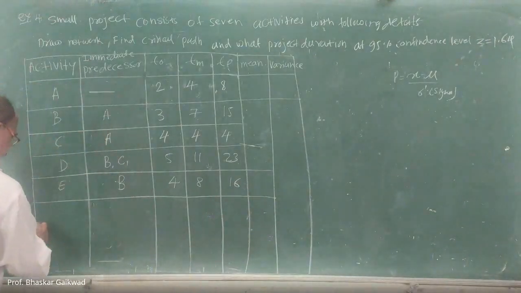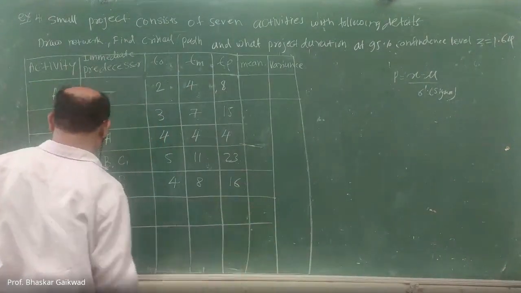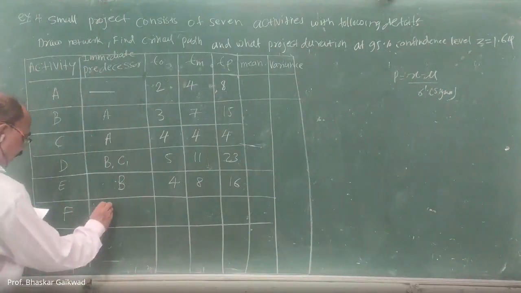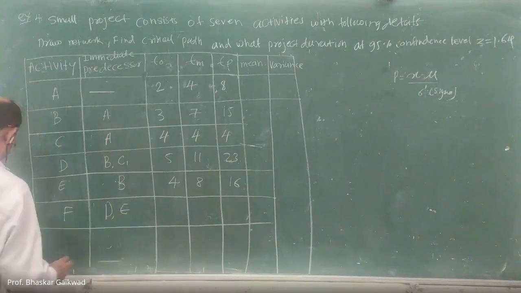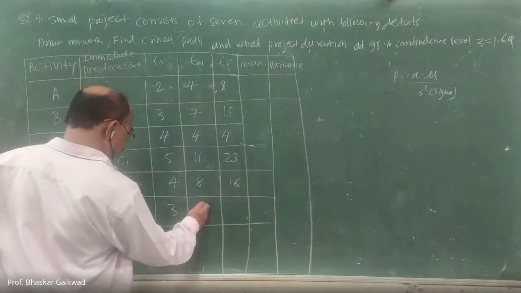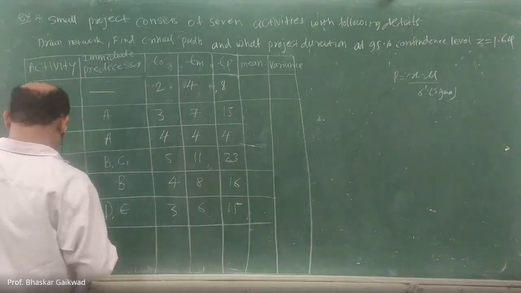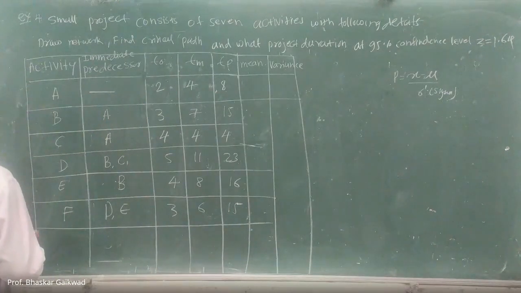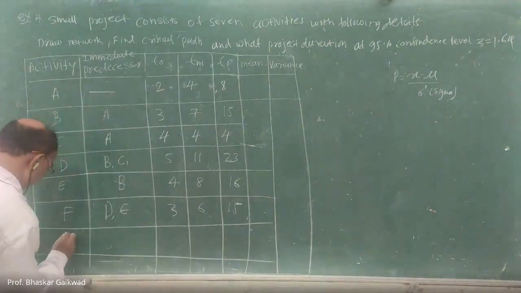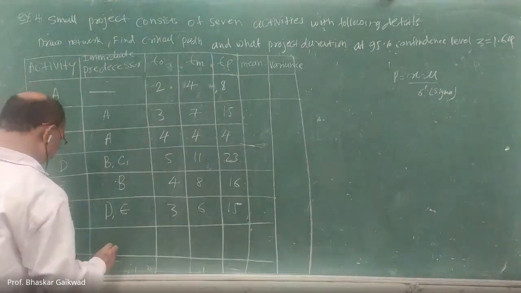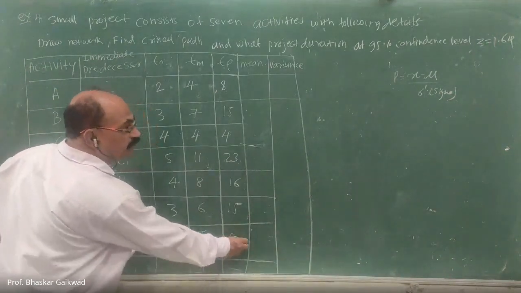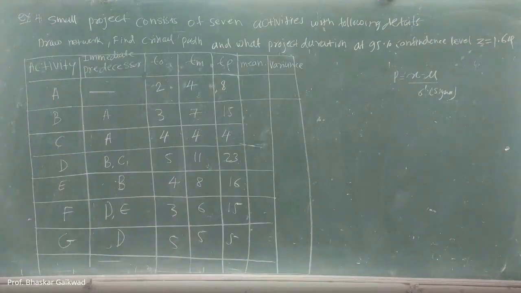Then next, that is F. F will start after completing D and E. And here timing is 3, 6, 15. And after that, G will be there. G will start after D, and here timing is 5, 5, 5. Correct?